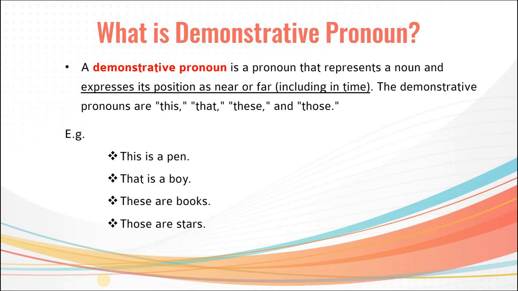That's used for singular. When you say these are books, it means that books are many in number, not one, and they are near to me. And those are stars. Stars are high, they are far from us, but they are many.